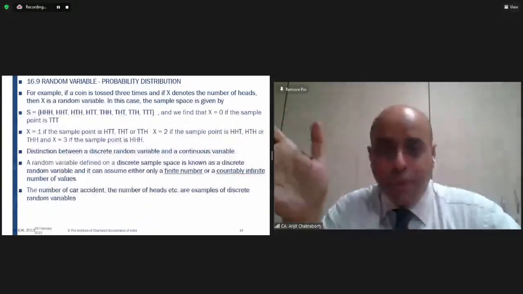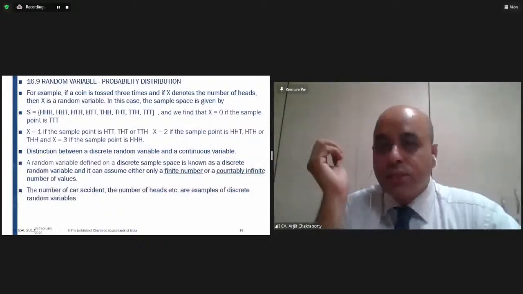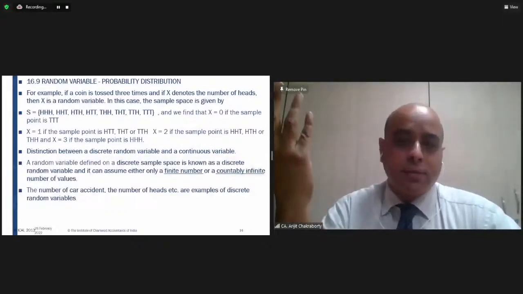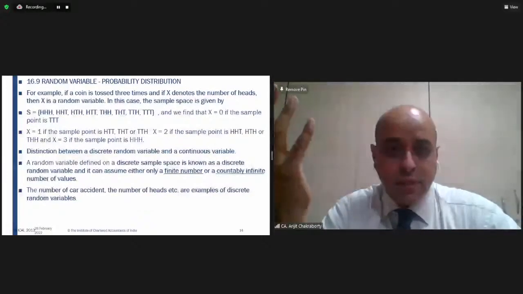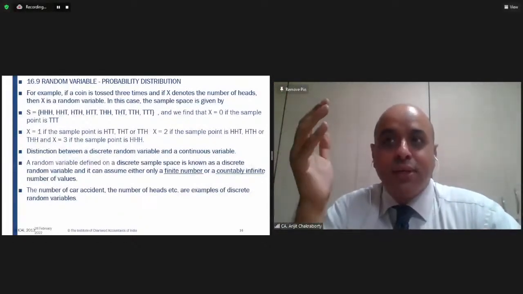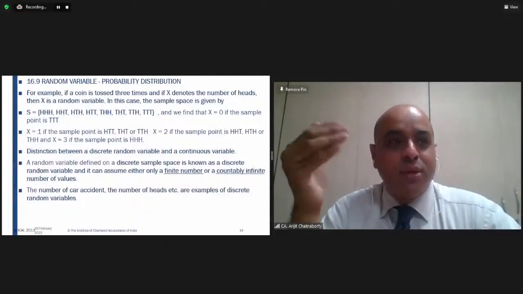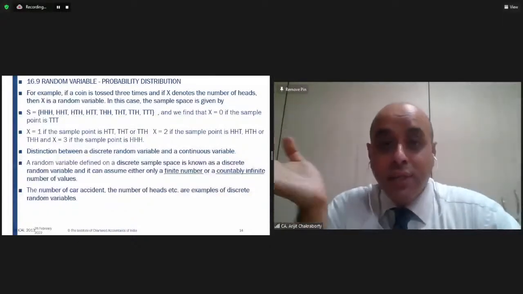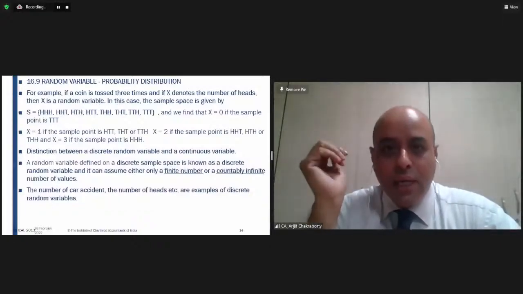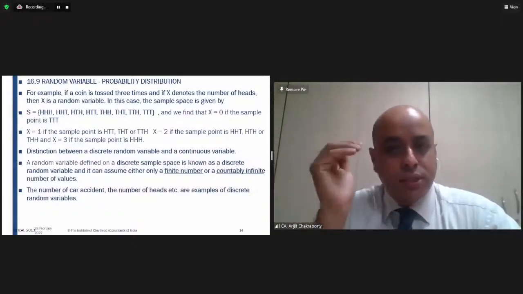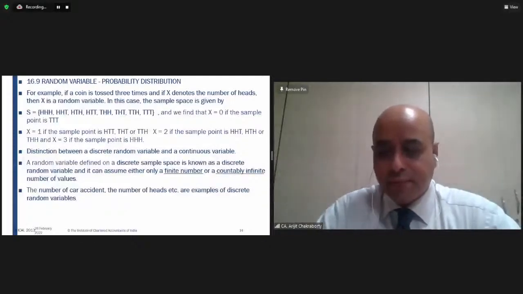Answer is no. Can it be fraction? Answer is no. So it is countable but infinite. There are millions of stars. We don't know, in fact, how many stars are there. So if you think of the stars which we have been able to identify, it could be a huge number. It may take years to count the number of stars. So it's countable but infinite. So it's a discrete random variable, right? Great.